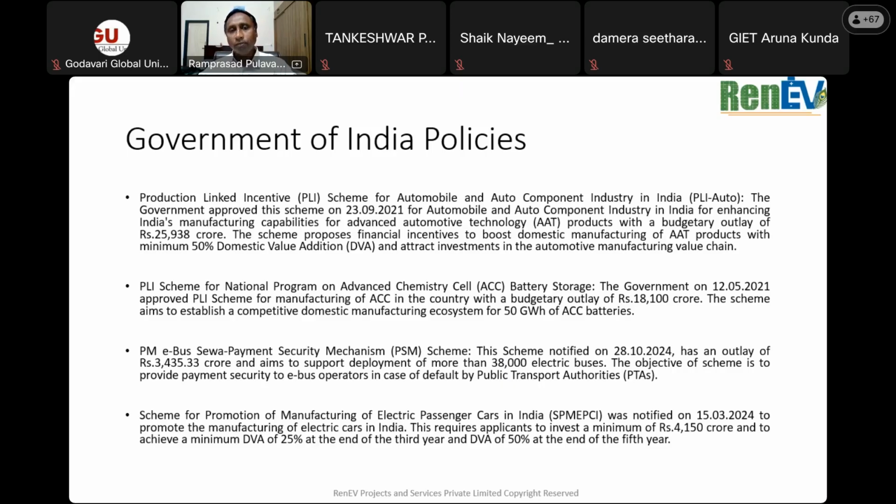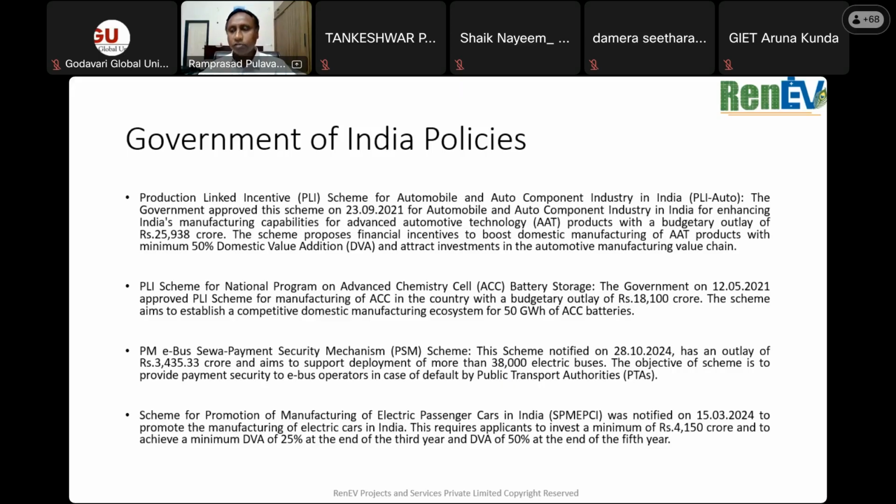Right now in India, the battery cells are imported from outside India, mostly China. Except for one manufacturer, I think Ola is trying to manufacture the battery cells within India. Other than Ola, we don't find any battery cell manufacturers in India who use lithium-ion technology.